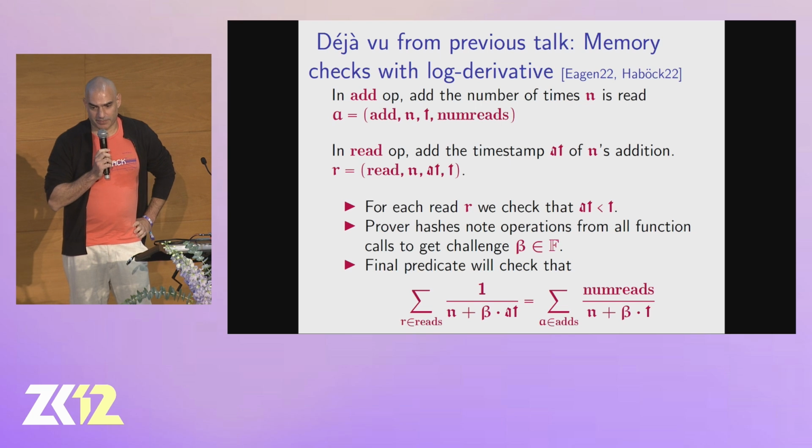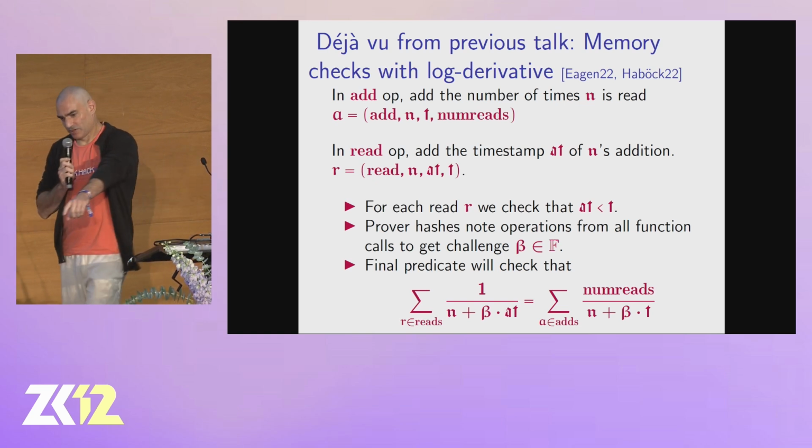And so now, our goal is to check that every time you have a read, you're reading a note that was really added and also added at an earlier timestamp.